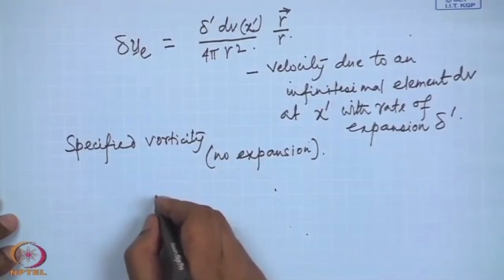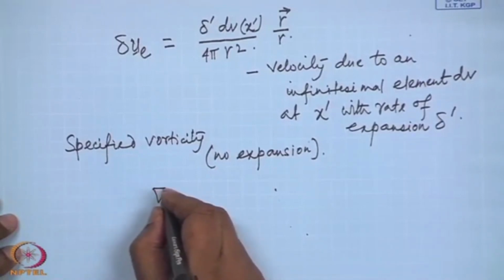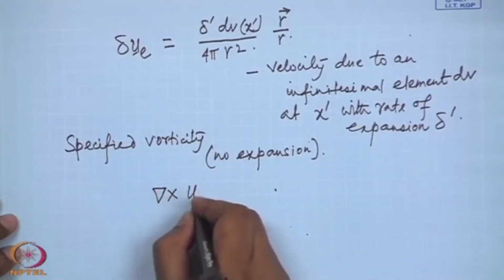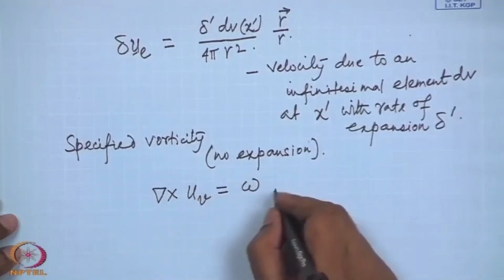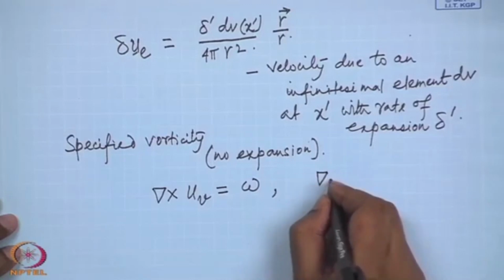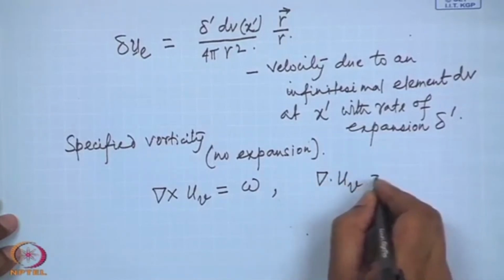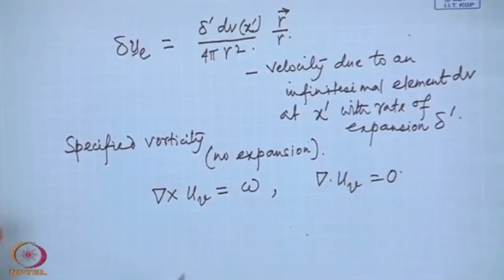That is, we have the velocity field such that curl of u v equal to omega, but it has no expansion, that means divergence of u v equal to 0.